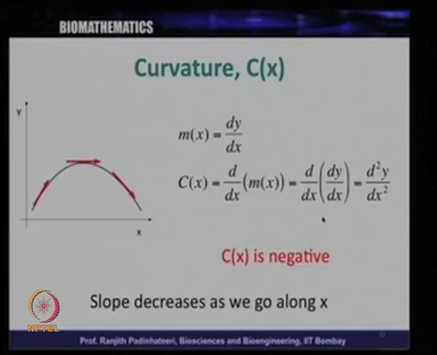Mathematically, anything that is curved has a derivative of a derivative. You can calculate the second derivative and you will get either positive or negative. And what does it mean that it is curved? So, the curvature has a second derivative. If we have time, we will discuss how to calculate the second derivative by taking some examples.